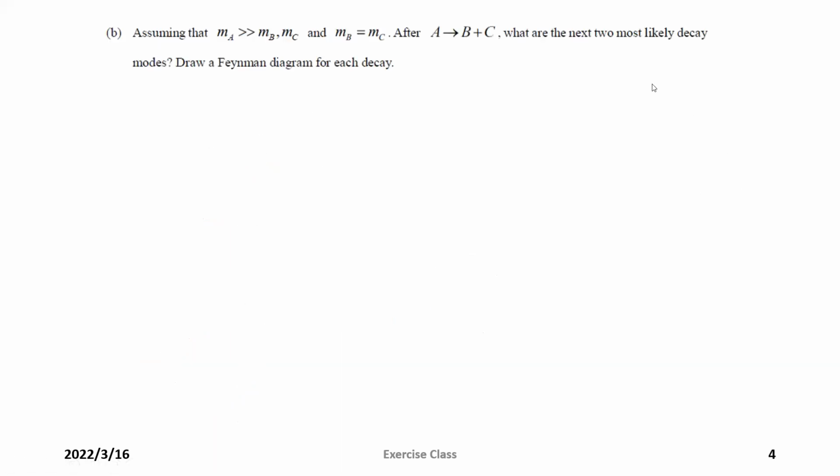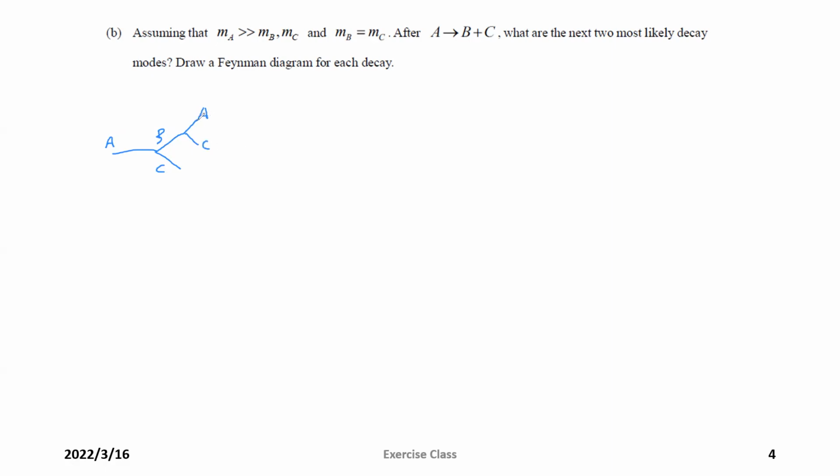So we can move to the next part. So this question asks us to find the next two most likely decay modes of A. For the next decay modes, we can consider adding more branches to this.